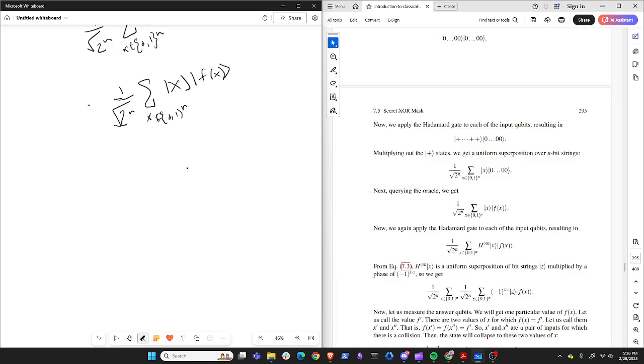So let's apply Hadamard to all the input qubits, to all of our states x. We wind up with a uniform superposition of bit strings z multiplied by a phase of (-1)^(x·z).